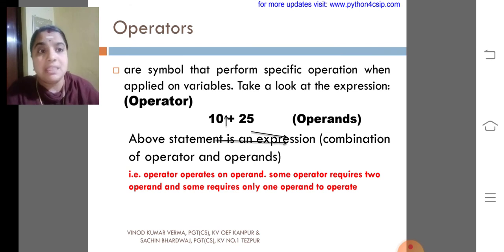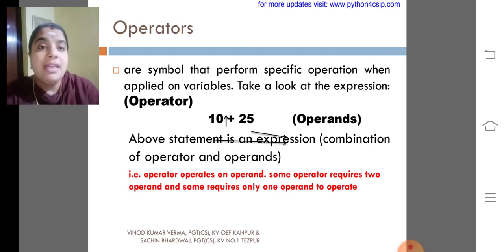The above statement is an expression, the combination of operator and operands. Here, the operator used is the plus symbol and the operands used are 10 and 25. That is, the operator operates on operands. Some operators require 2 operands. Some require only 1 operand to operate.